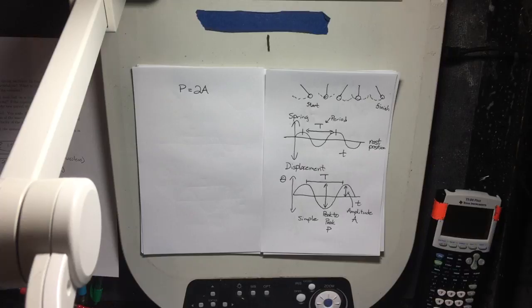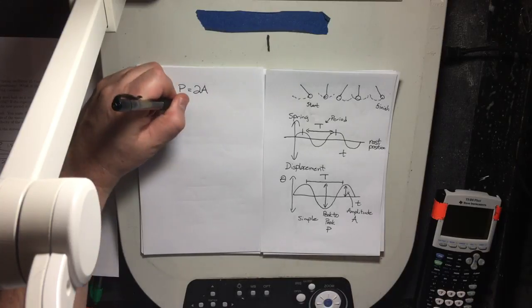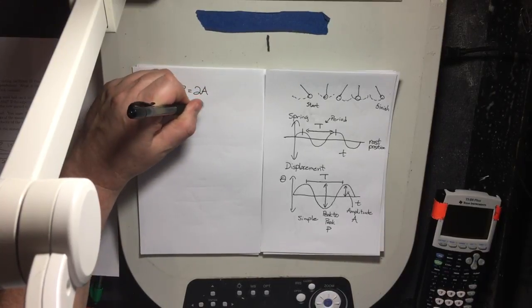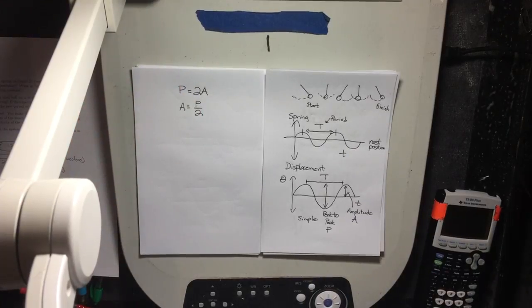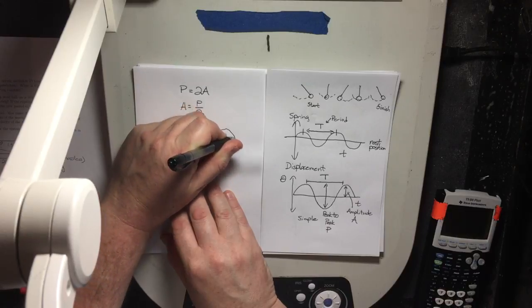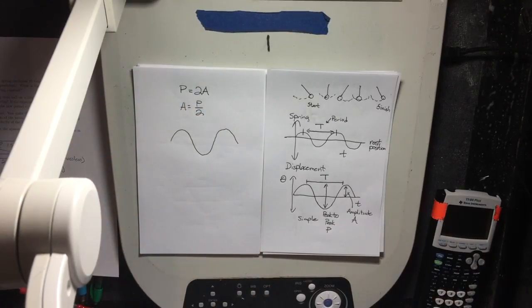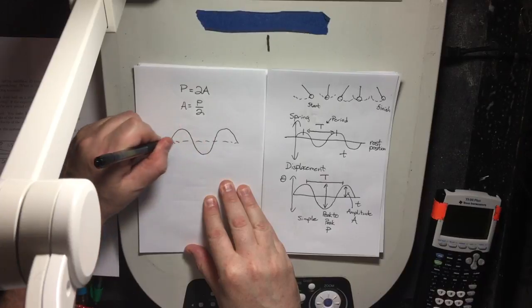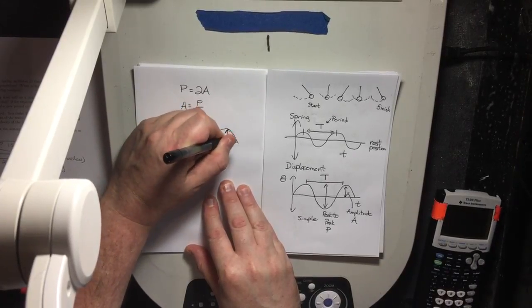Now, when I first started teaching, I was like, well, peak to peak's kind of dumb. All it is is twice the amplitude. Or you could even say that amplitude is peak to peak divided by 2. But one of the things that you start noticing in physics is it's one thing to write down on a piece of paper and go, well, that's the amplitude, just measure that.